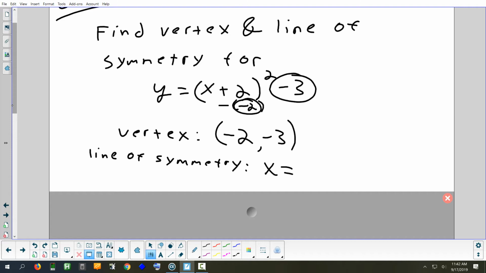Nope, not quite. Negative 2. -2. But those probably all would have been choices on a test. Like if I gave you a multiple choice question here, for line of symmetry, I would give you a choice x equals 2, x equals -2, y equals 2, y equals -2. So you have to know it's x equals -2.